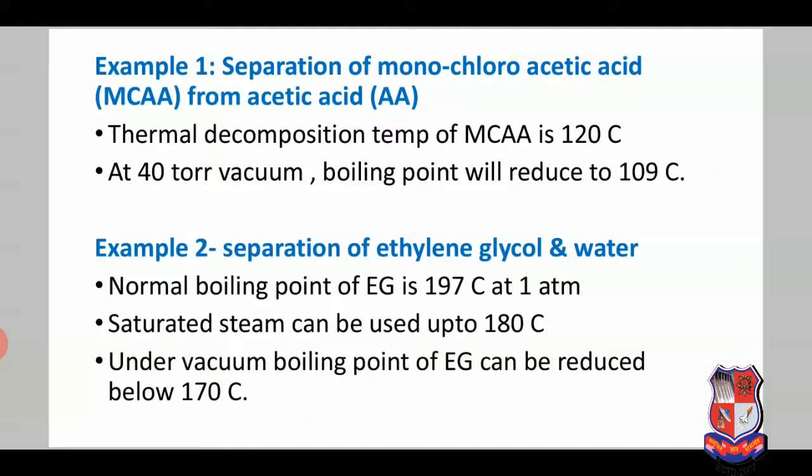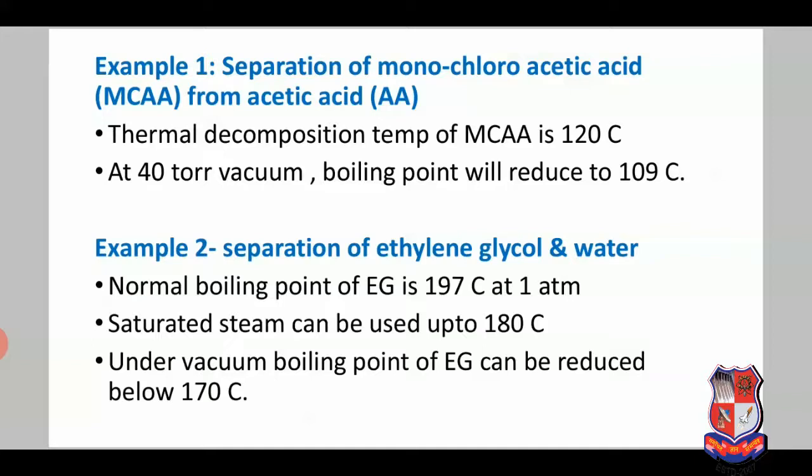Another example is example 2, separation of ethylene glycol and water. Now ethylene glycol has a boiling point of 197 degrees Celsius at 1 atmospheric pressure. So if we go for atmospheric distillation, you will have to use an expensive heating medium, because you cannot use saturated steam above 180 degrees Celsius.